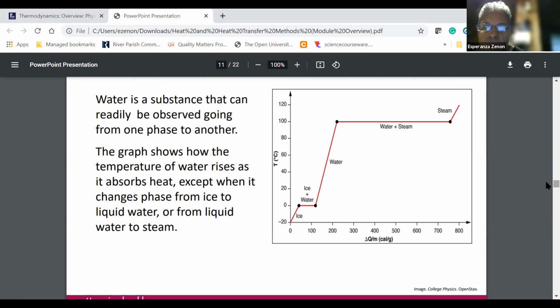Once all of the ice has transitioned to liquid water, then you can resume changing the temperature from 0 all the way up to 100 degrees Celsius. You can see on the graph, you're changing the temperature, but not the phase. Everything is staying in the liquid water phase.